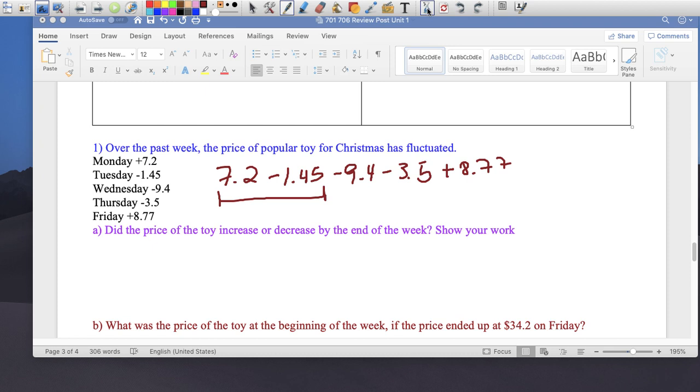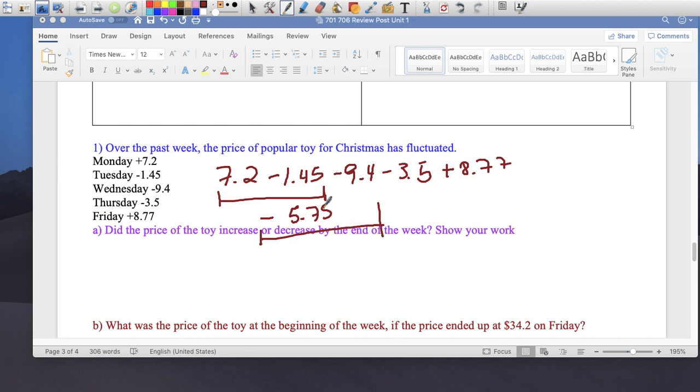I use my phone, sorry. 7.2 minus 1.45. That's going to give us negative 5.75, right?